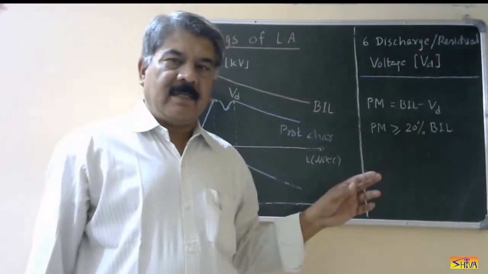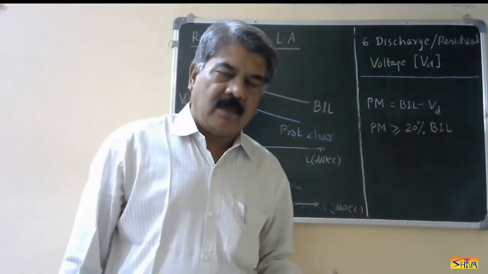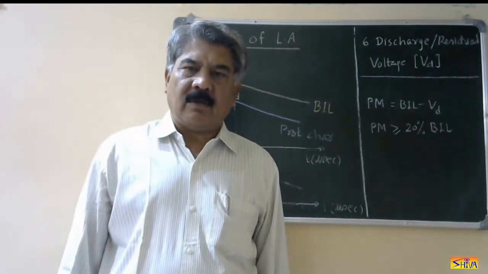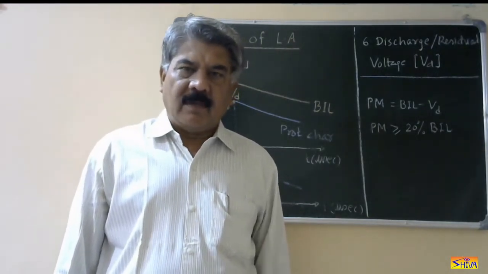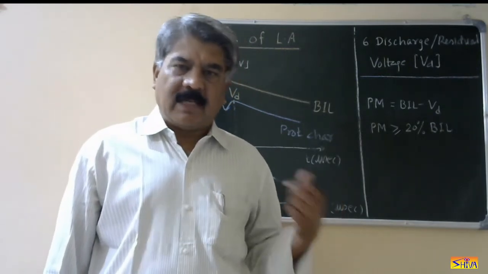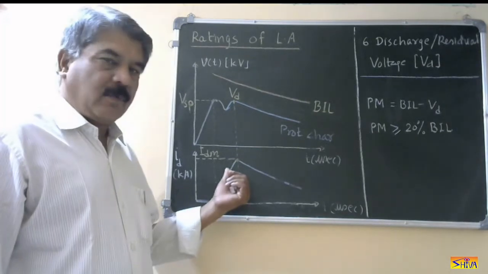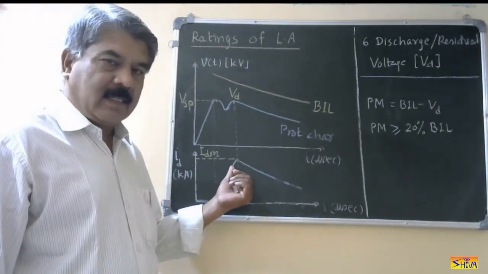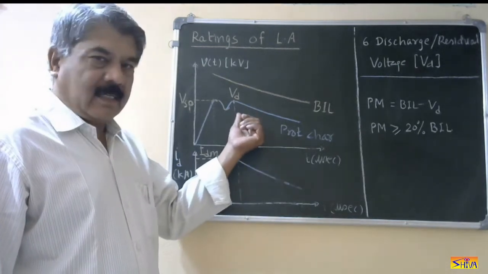The last rating is discharge voltage or residual voltage. Definition is it is the voltage which is appearing across the lightning arrestor when discharge current is flowing, and it is defined by its maximum value. As soon as this discharge current starts flowing through the lightning arrestor, the voltage also starts increasing across the lightning arrestor.